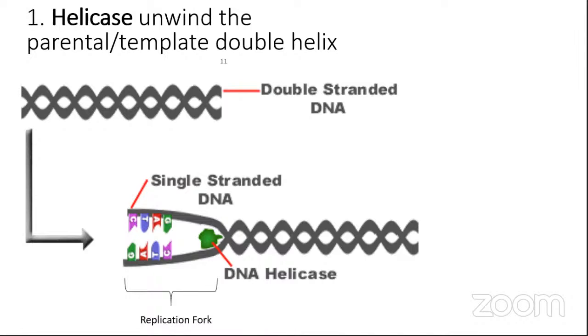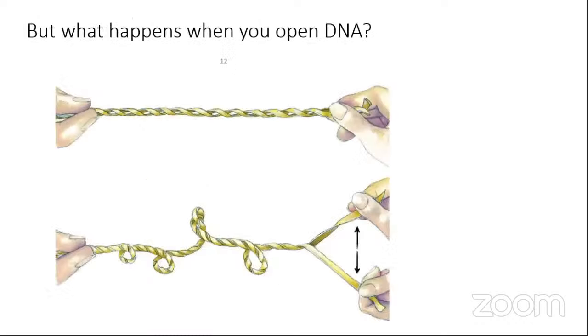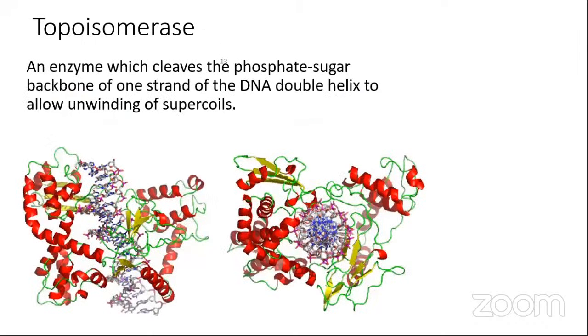In that gap, the DNA helicase sits inside and starts to unzip the two bound strands. But when the helicase starts to unwind or unzip the DNA, you might find places with supercoiled nature. When this supercoiling is there, there will be tension in the DNA molecule and also in the cell. To remove this, you need an enzyme called topoisomerase.